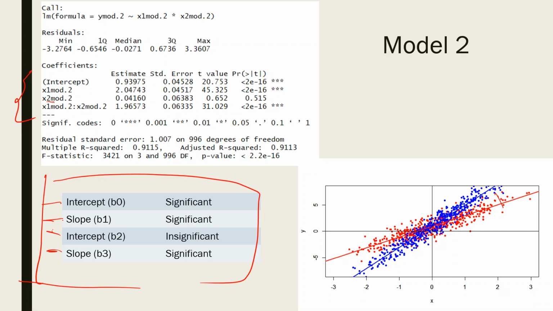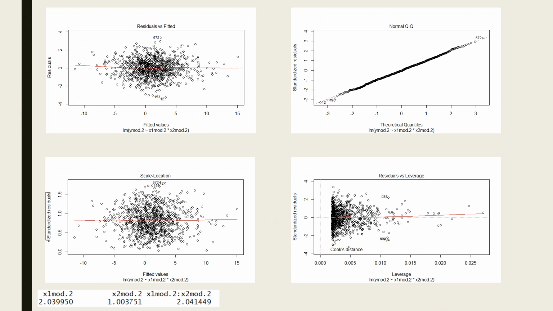It shows that for x2 in model 2, this aspect is 0 and is not significant. All our other predictors and our interaction effect are significantly different from 0 at the 0.001 level. Our diagnostics show that our findings are fairly BLUE.